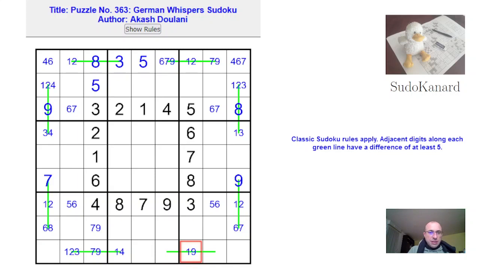So if this is a 1, then this is a 6. And something interesting is that if this is a 9, then this is a 7, and this becomes a 1. Because 4 doesn't go with 7. So what I'm saying is that if 1 is here, well, this is a 1.